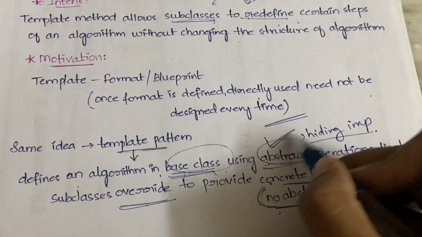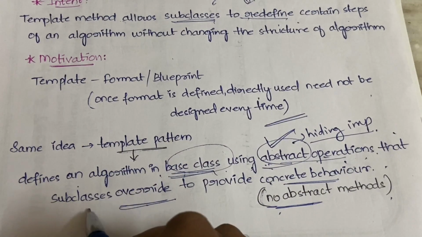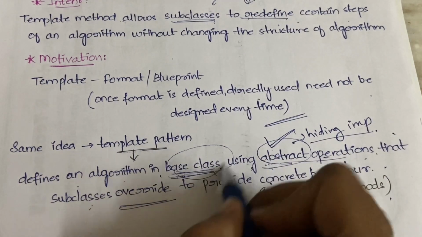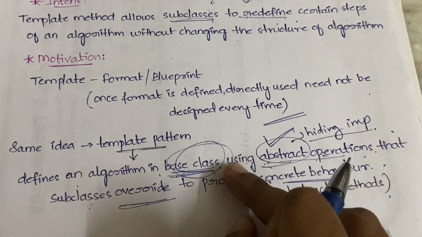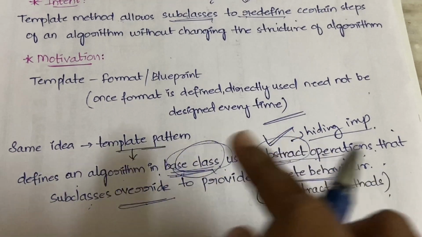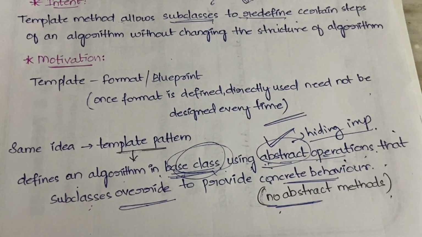Here you have abstraction where you hide the implementation details, and you define an algorithm in the base class which the subclasses can override in order to provide the concrete behavior. Concrete behavior means you will not have any abstract methods. An abstract class may or may not have abstract methods, but a concrete class will not have any abstract methods. That is the difference between abstract and concrete.